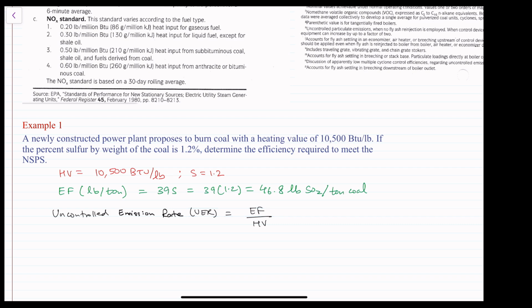And so the emission factor tells us it's 46.8 pounds per ton divided by 10,500 BTUs per pound. And let's convert tons to pounds as well. A ton has 2,000 pounds.